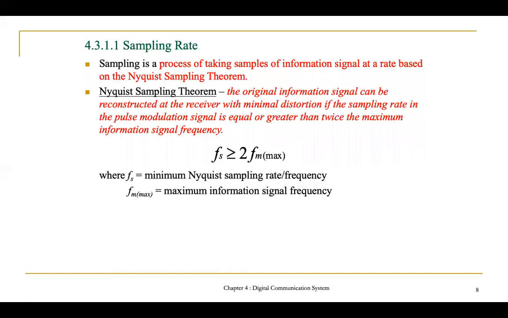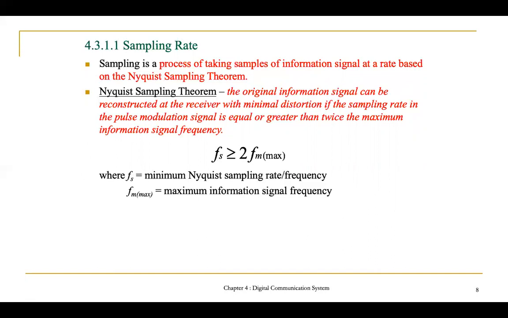When we deal with sampling, we will deal with the sampling rate. Stated here is the definition of sampling. It is a process of taking samples of the information signal at a rate based on the Nyquist sampling theorem. So what does the Nyquist sampling theorem say?